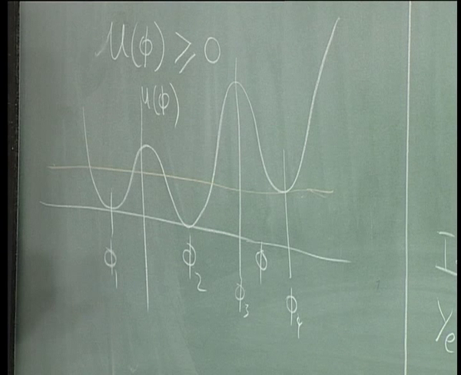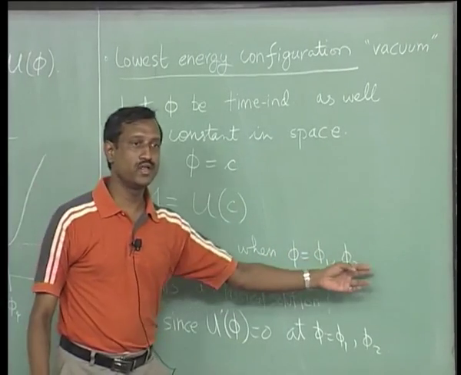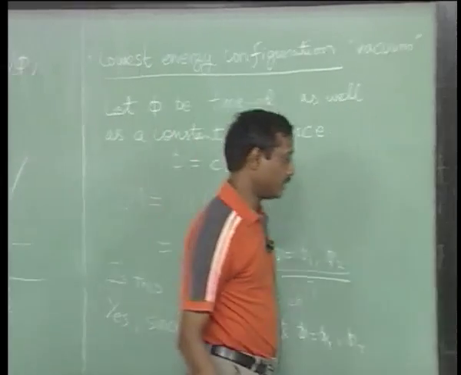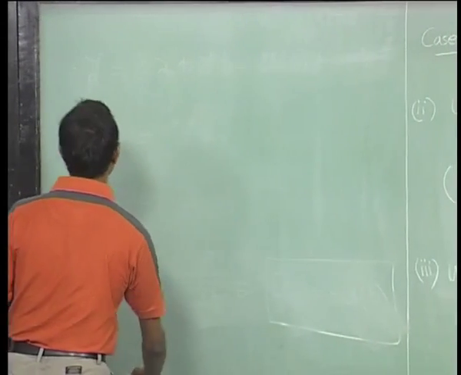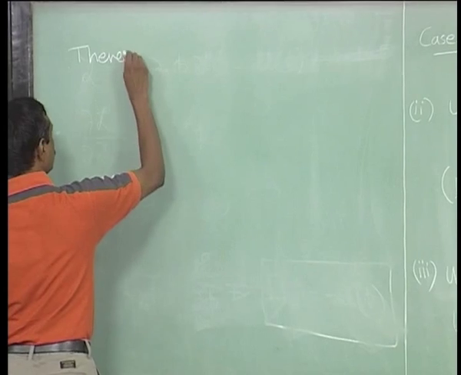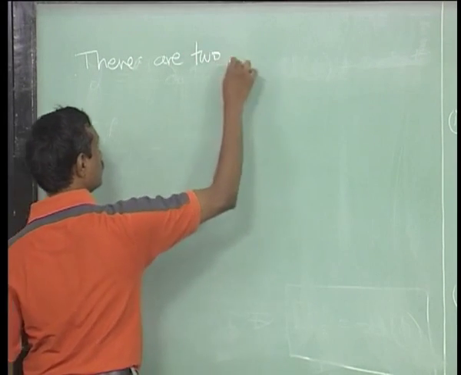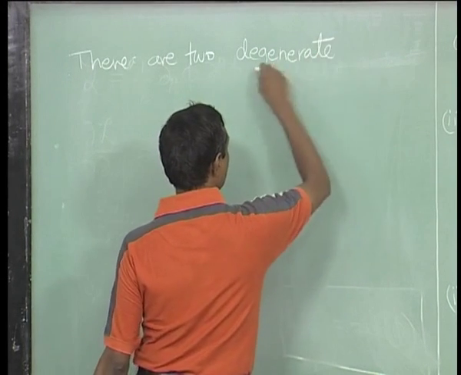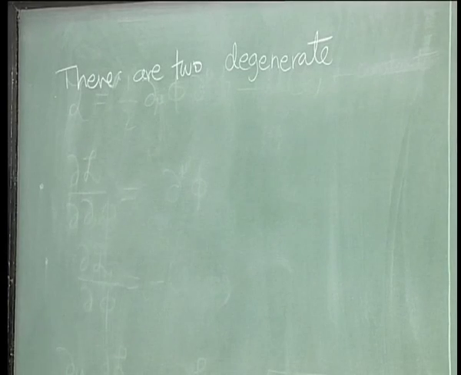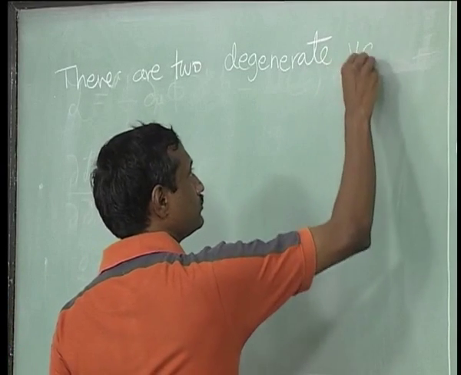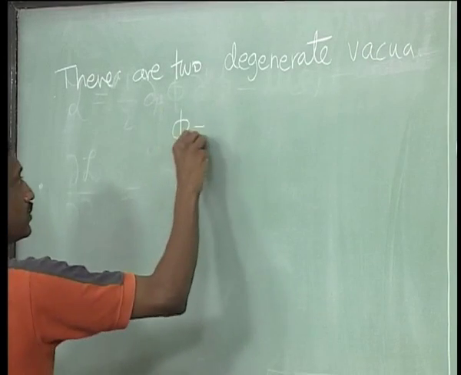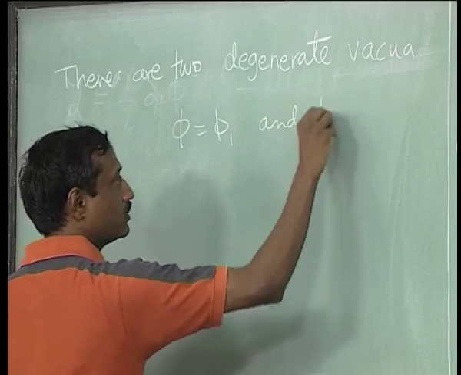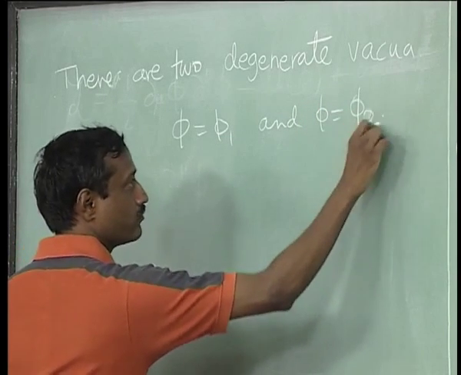Okay, but the fact that you have more than two classical, so here is a case where we have degeneracy, in the sense that there are two different ground state solutions, and by degenerate I mean equal energy solutions, two degenerate vacua, which is phi equal to phi 1 and phi equal to phi 2.